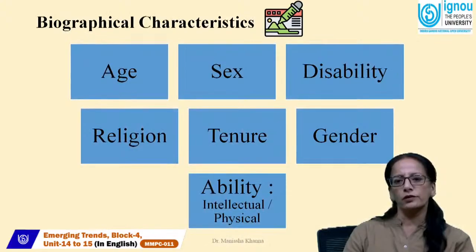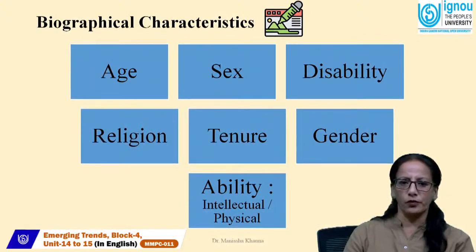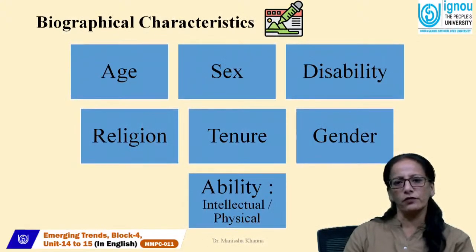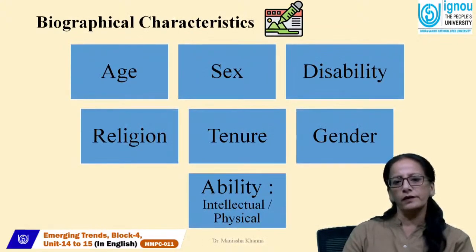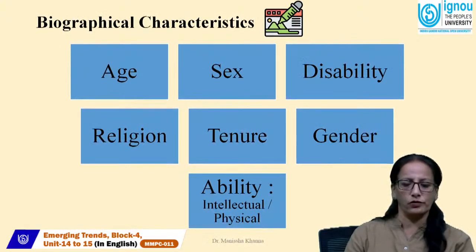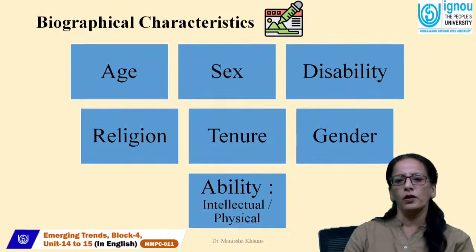Religion, tenure and gender again are very important dimensions from the biographical characteristics. Ability is all about whether a person wants to, or is able to, work for that particular job.